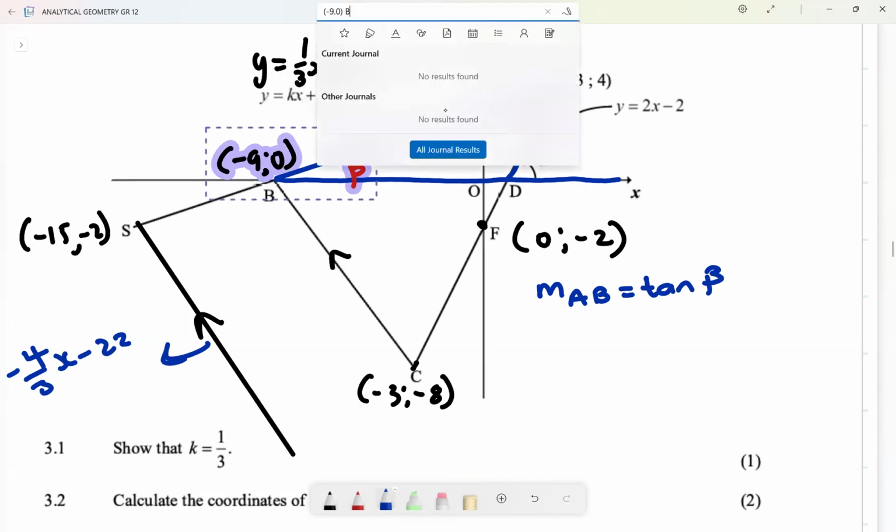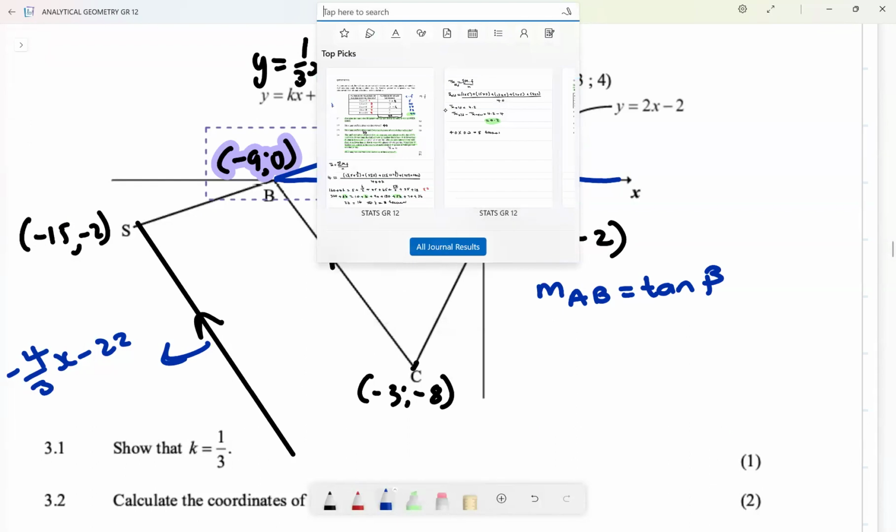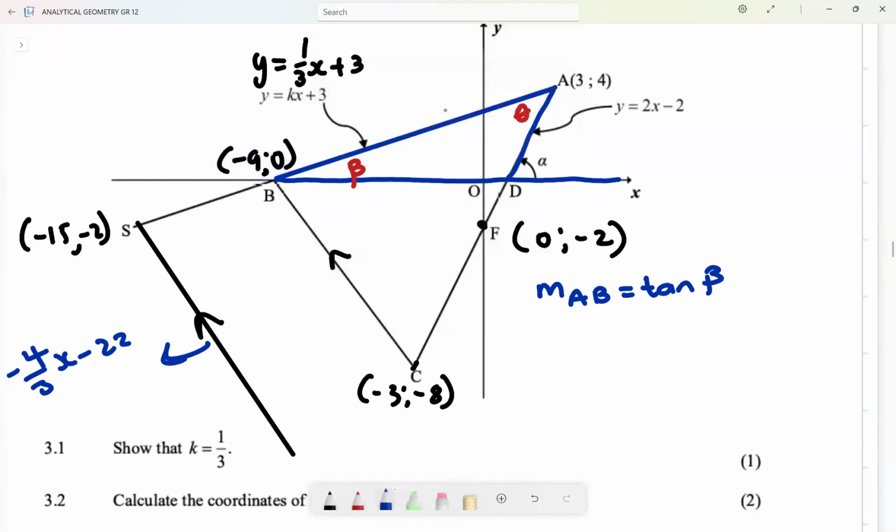The gradient of AB is equal to tan beta, and I know the gradient of AB is 1/3. So tan beta is 1/3, and therefore beta is equal to arctan of that.